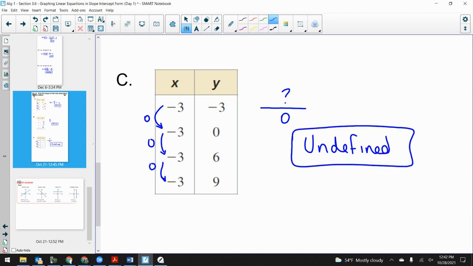The last graphic that you see on your guided notes is a summary of everything that we talked about, the 4 different types of slopes. Because on the homework tonight, it's going to ask you to identify the slope, then find it. So whether it's positive or negative, 0 or undefined, then find it.